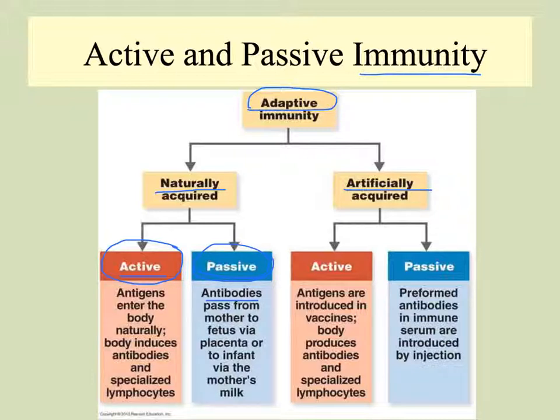But the artificially acquired immunity is our whole vaccination system, and it really has been important for improving the overall health of people. In an active situation, this is when you get a vaccine, where the antigens are introduced to the body.